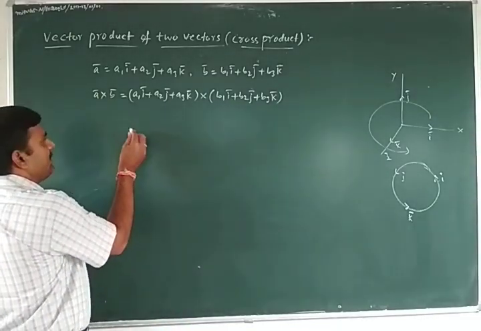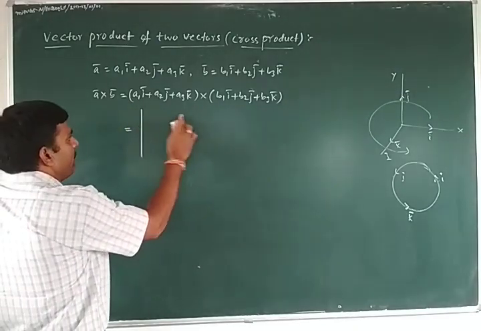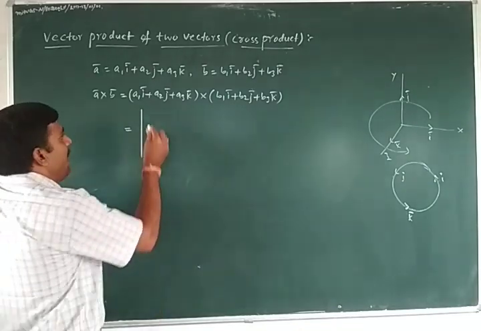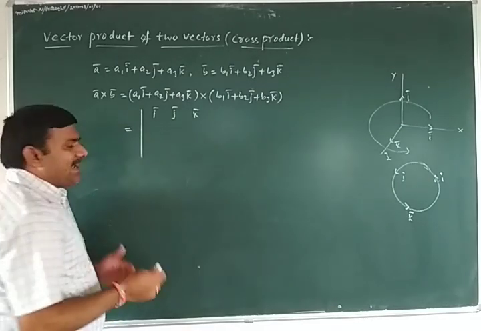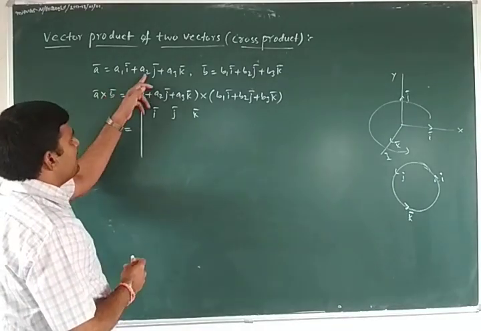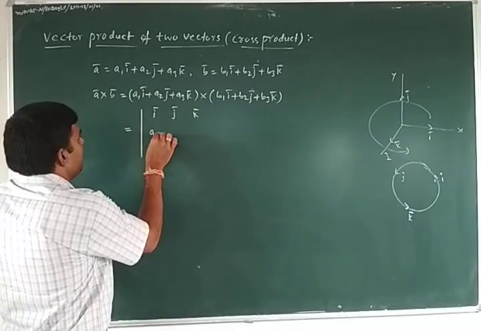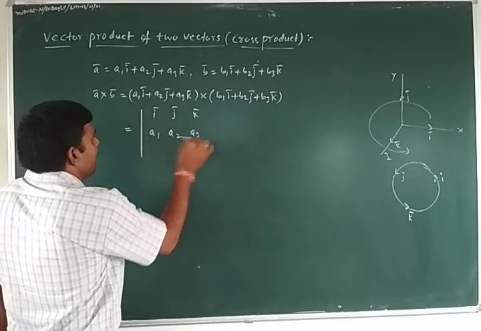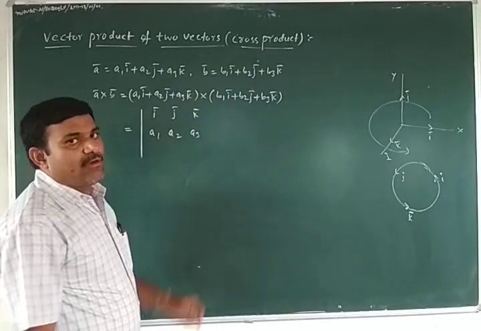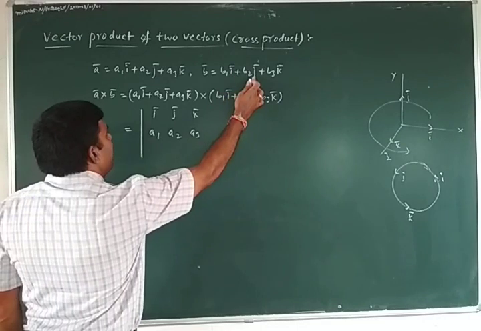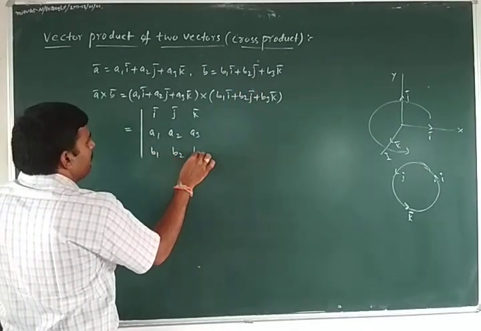So observe that determinant method. To write it, in the first row write I bar, J bar, K bar, and in the second row write the A bar coefficients, here A1, A2, A3, and in the third row write the B bar coefficients of I, J, K, which are B1, B2, B3.